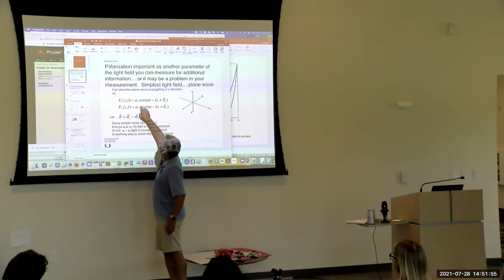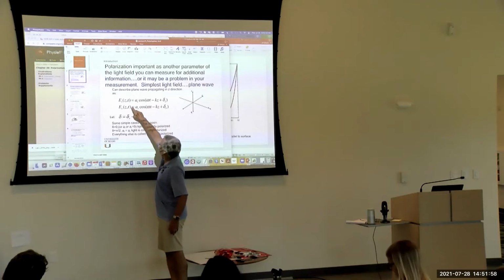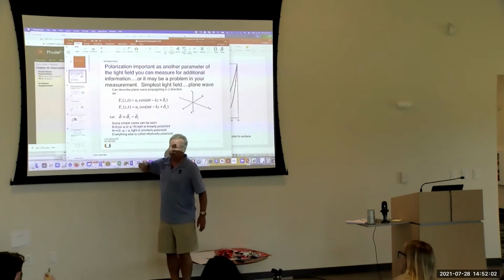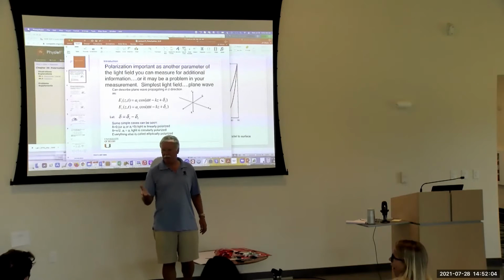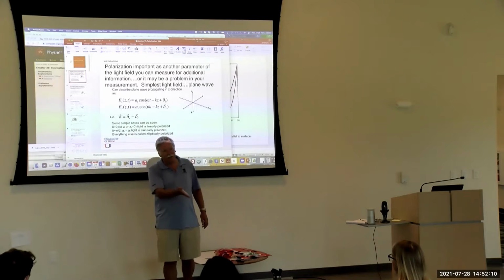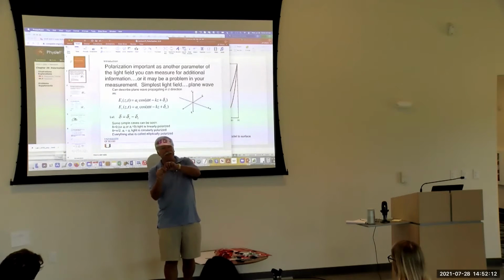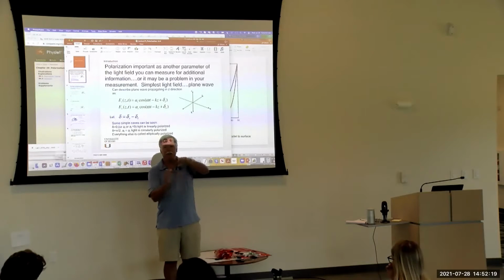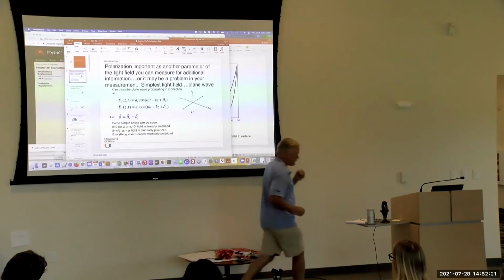As time goes by, this goes up, cosine of omega t, and this goes up, cosine of omega t. So what's it going to do? It'll just go up and down like this, right? They're both synchronous, so as one goes up this way, the other goes up that way, and then it goes that way. So it's going to be at a plane of 45 degrees.